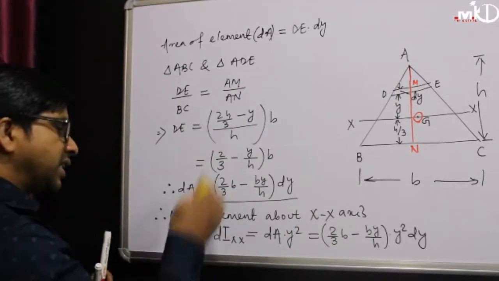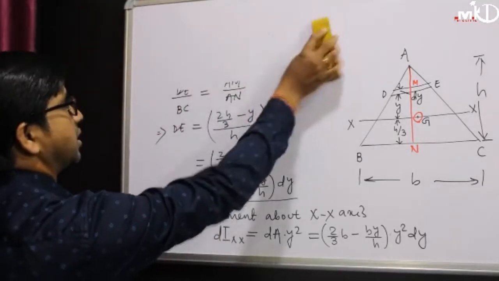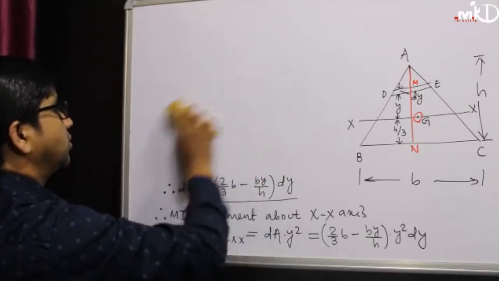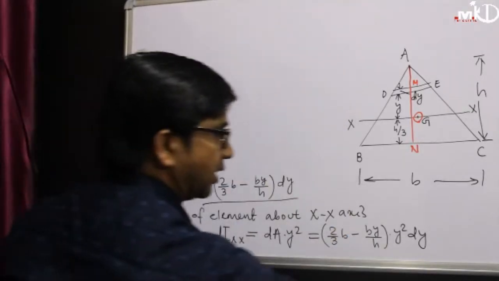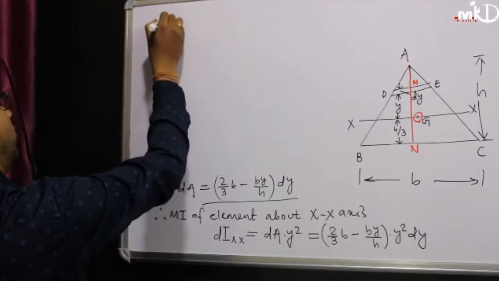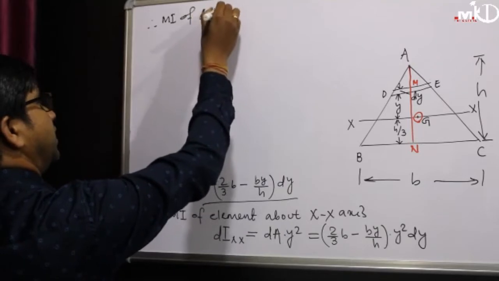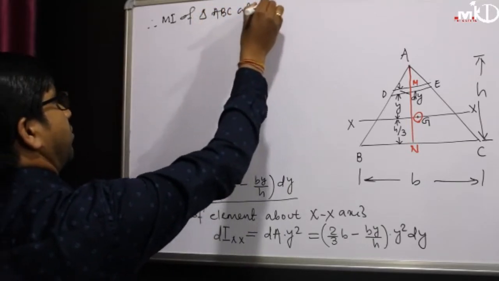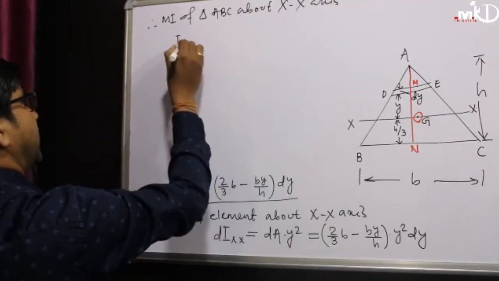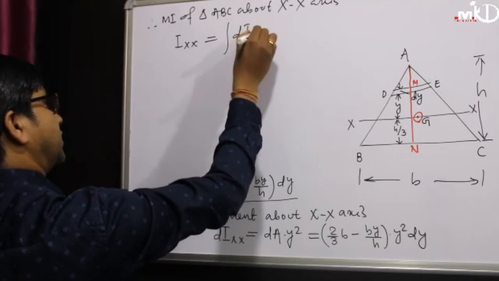So if you integrate this expression, we will find the total moment of inertia of the triangular section about the x-axis. So make the integration. Now the total moment of inertia of triangle ABC about the x-axis we can represent as Ixx, which is the integration of dIxx.